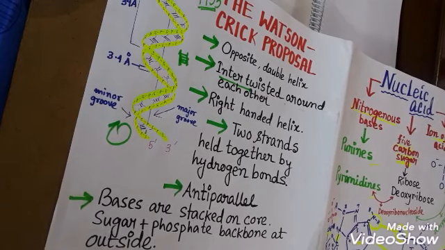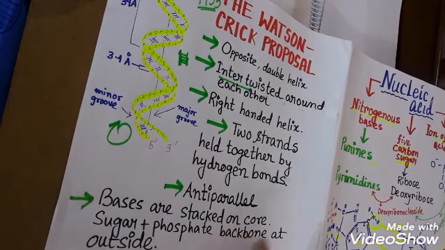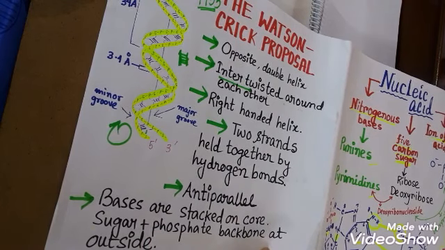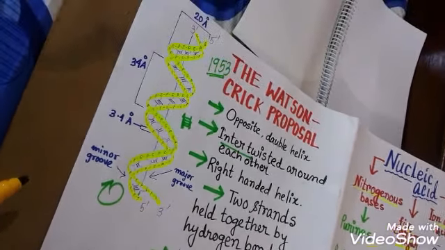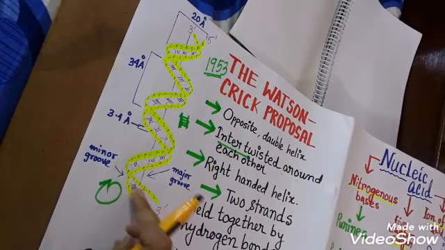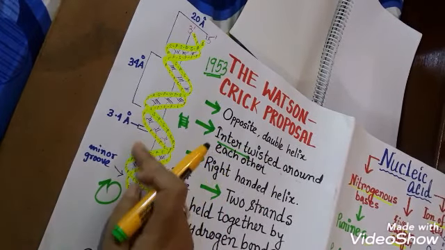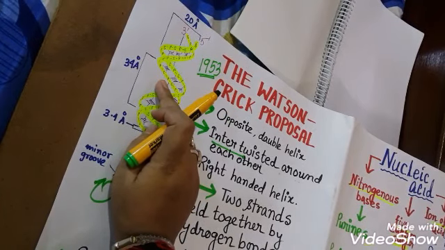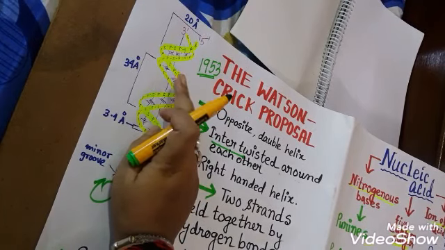Next, the bases are stacked on the core sugar phosphate backbone at the outside. We can see here that in the helix, the ladder is made up of the sugar and phosphate backbone and the bases are present inside.